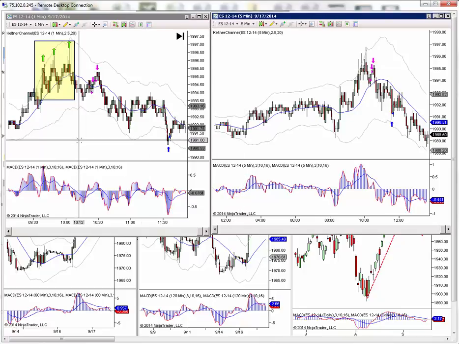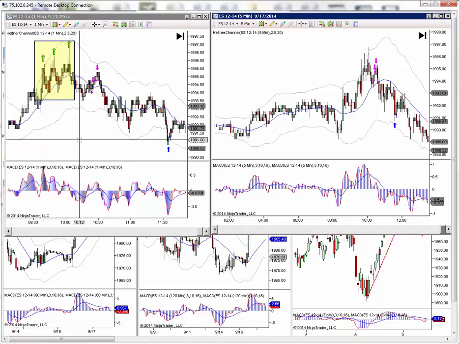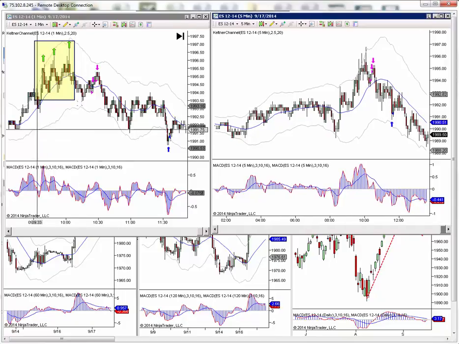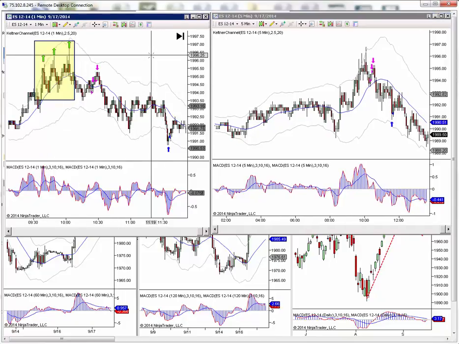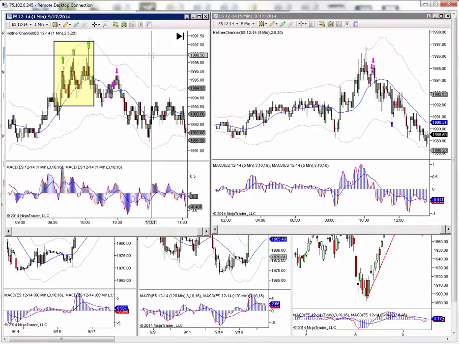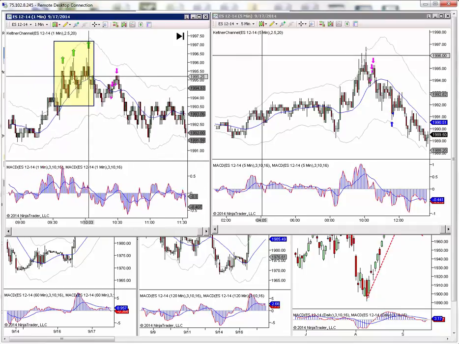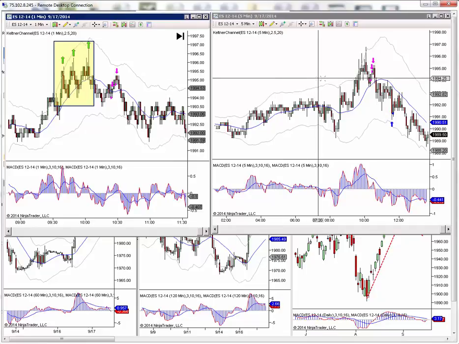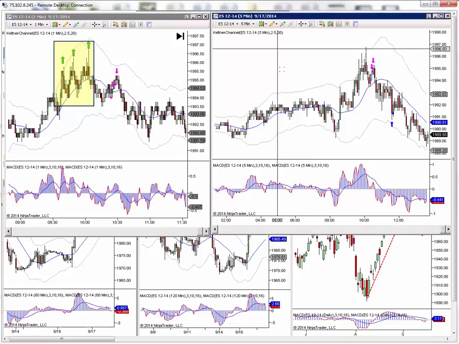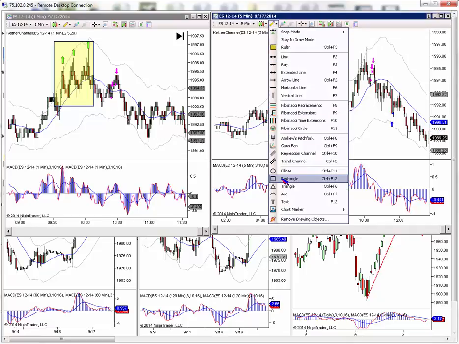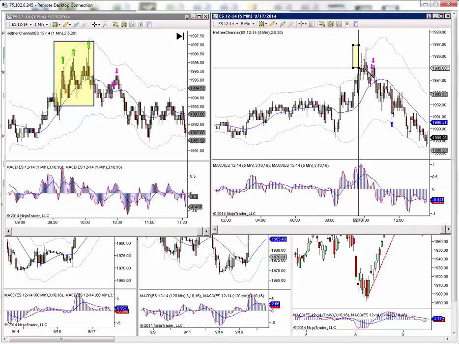Now when you're expecting a consolidation day, what's really good to use, you can use Bollinger Bands, you can use Keltner channels, but you can combine the lower time frame and the higher time frame. So in this case, if we look at the higher time frame, up here, your Keltner channels, right?